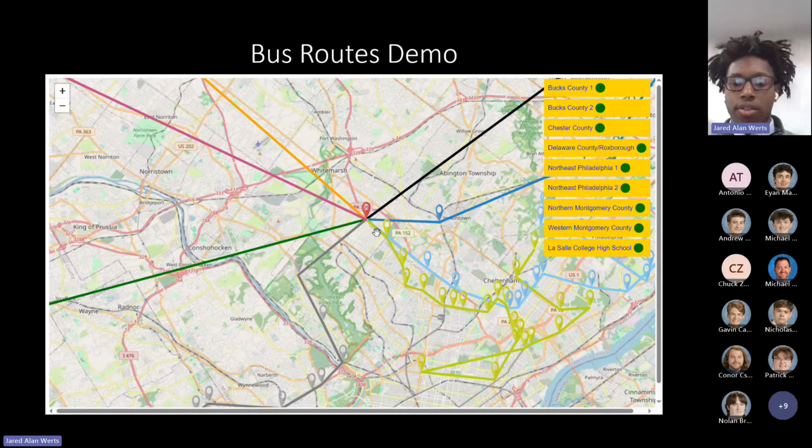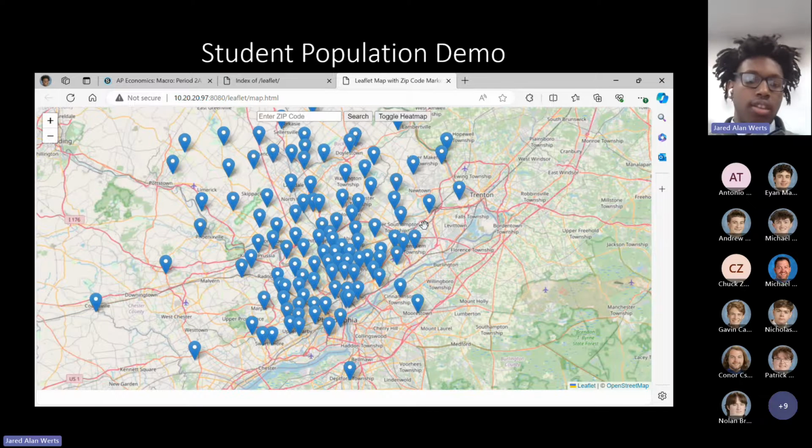The buttons are for the routes, to make the routes appear and disappear. That's currently on the LaSalle transportation page if anybody would like to access that.